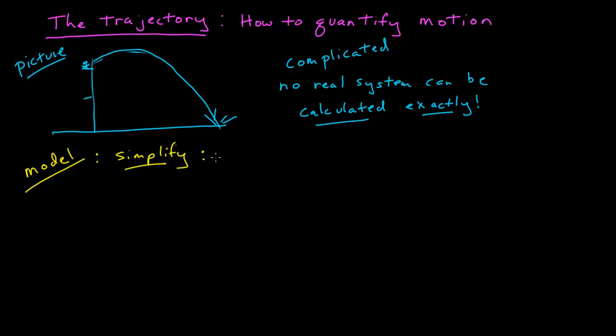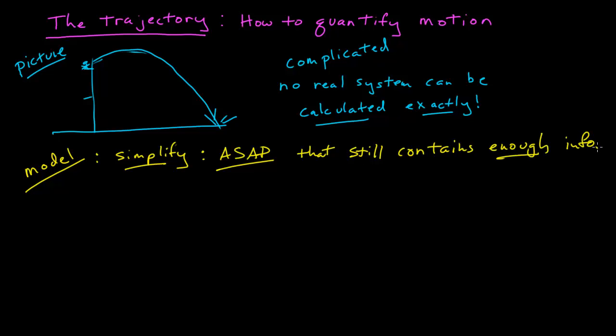So the question is, how simple should it be? And the answer is ASAP, as simple as possible. So as simple as possible, such that it still contains enough information.